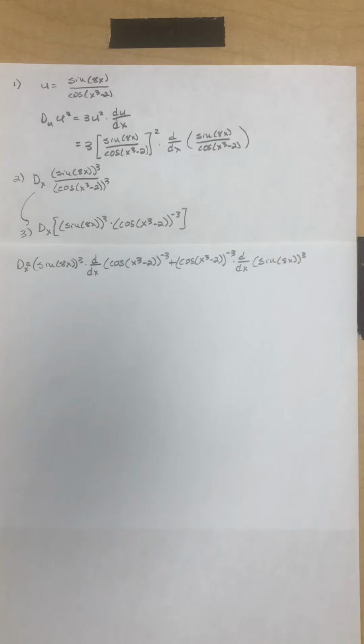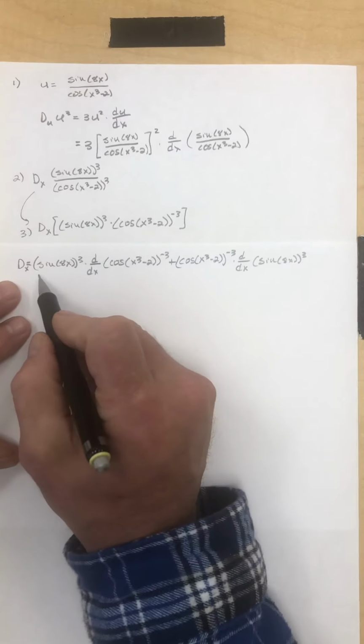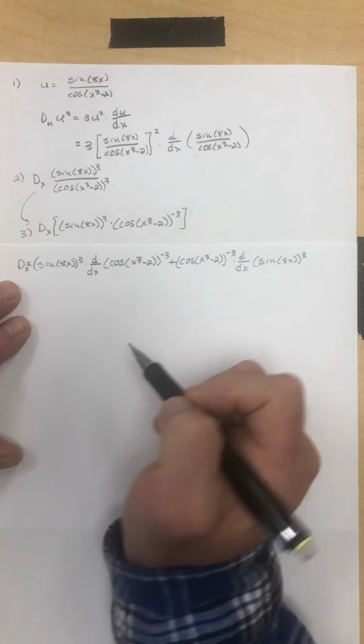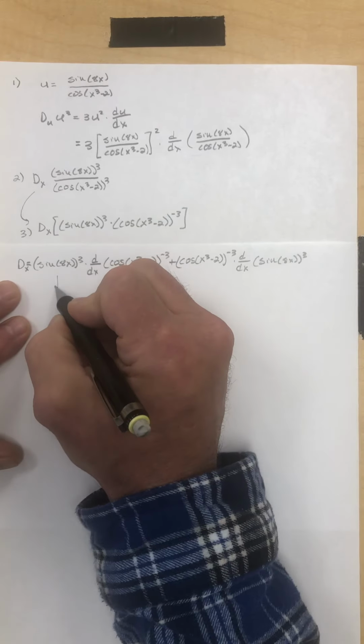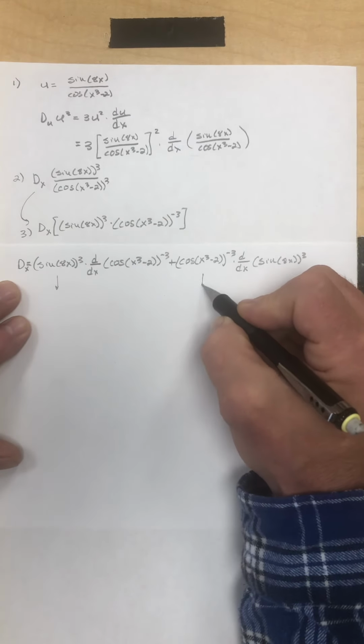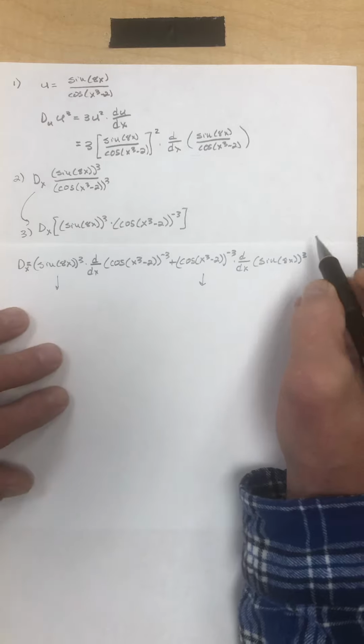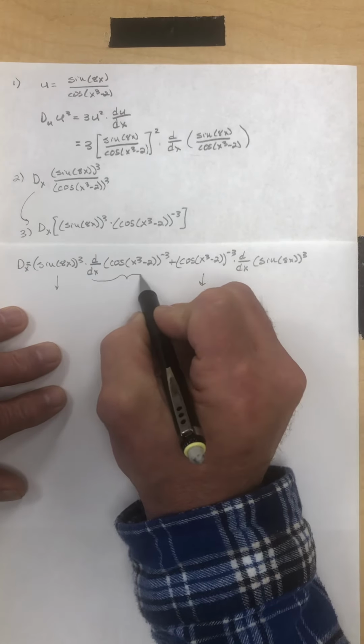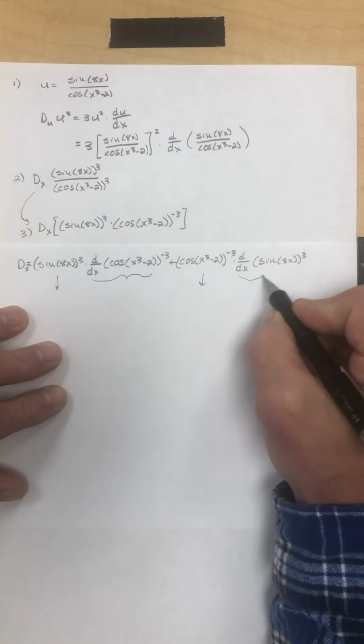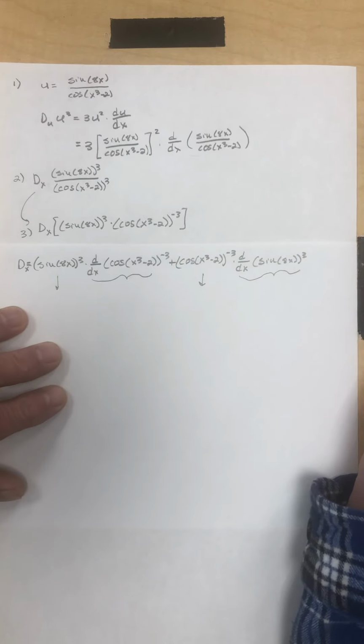So obviously right here, this guy just keeps coming down, and this guy right here just keeps coming down. So right here I have to work with that guy and then that guy right there.